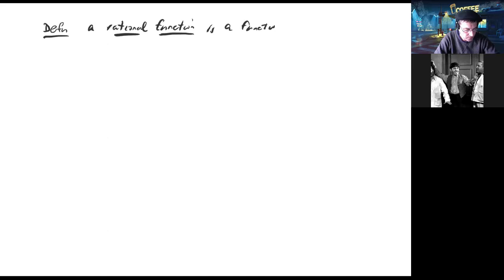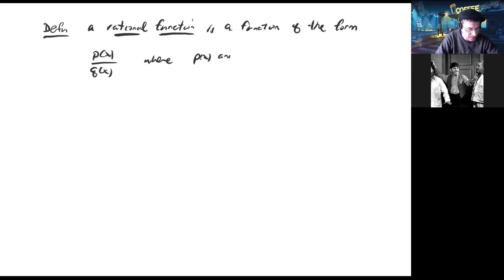Okay, so let me make some definitions. Definition: a rational function is a function of the form p of x over q of x, where p of x and q of x are both polynomials.